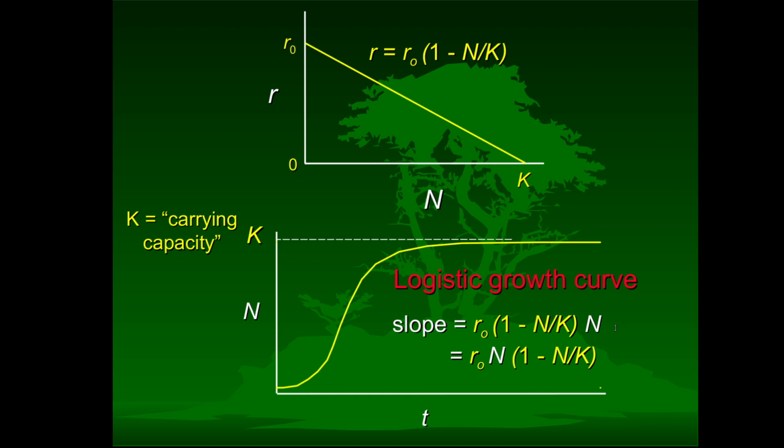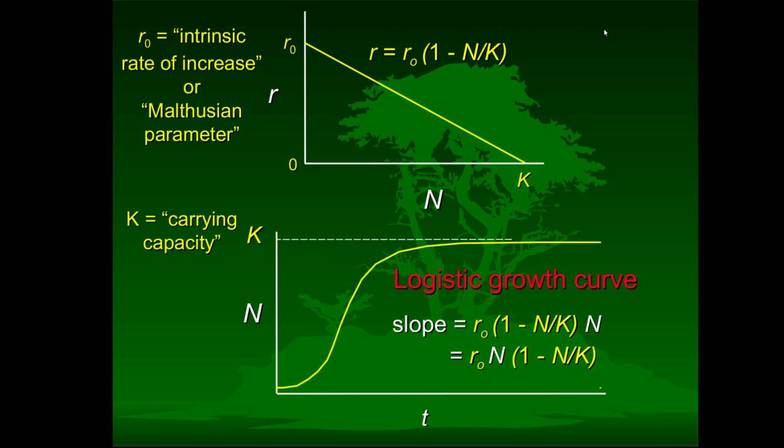So little r0 is the maximum possible rate of increase, the per capita rate of increase, which occurs when n is very small. And little r0 is called the intrinsic rate of increase, or the Malthusian parameter, after Thomas Malthus.